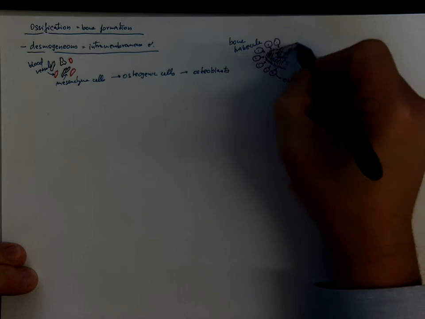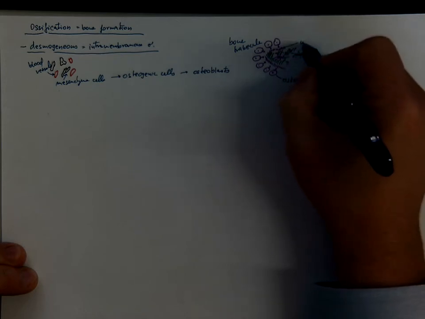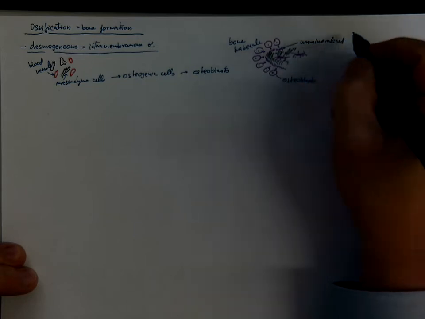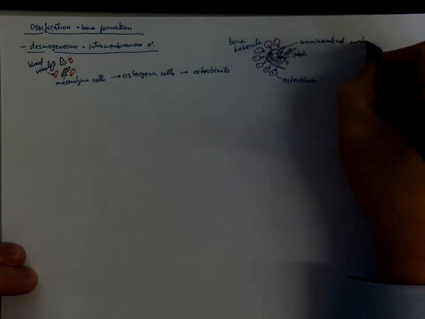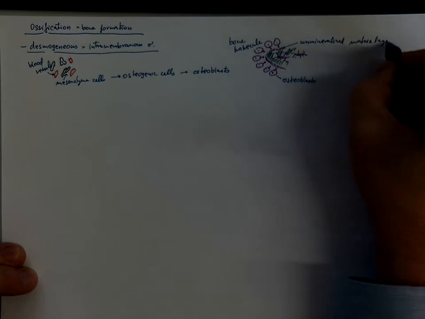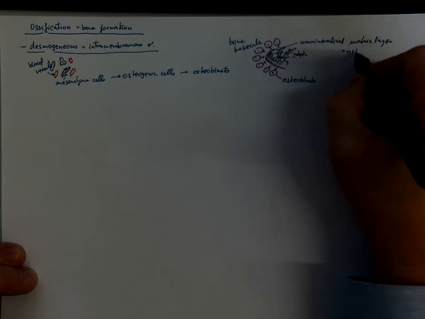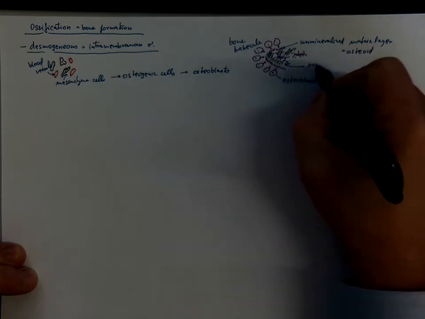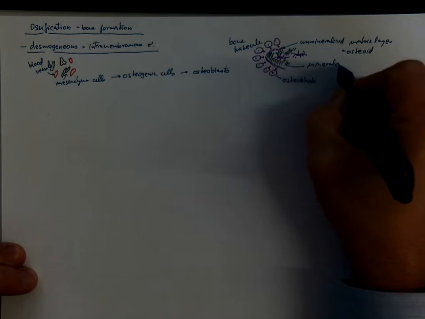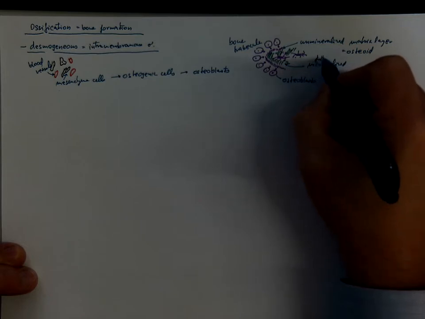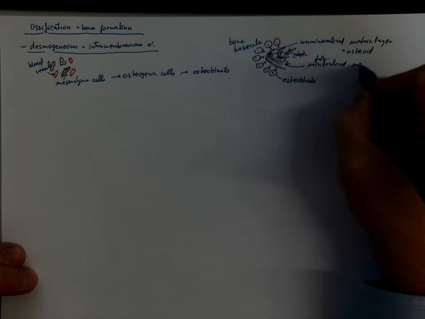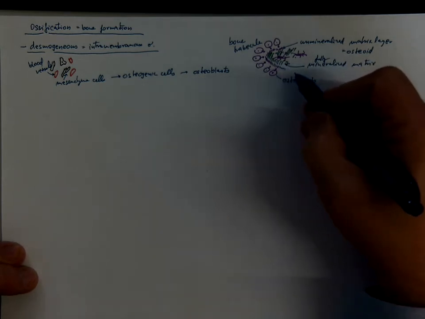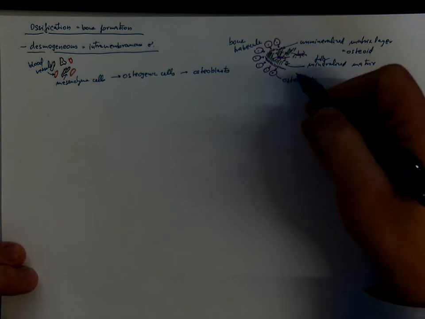And we got the unmineralized matrix layer, known also as the osteoid, and later on this becomes fully mineralized matrix by deposition of microscopic crystals or prisms, mostly of hydroxyapatite.